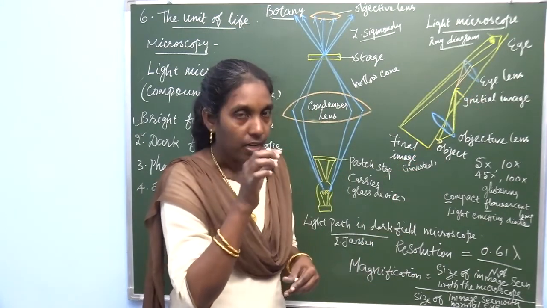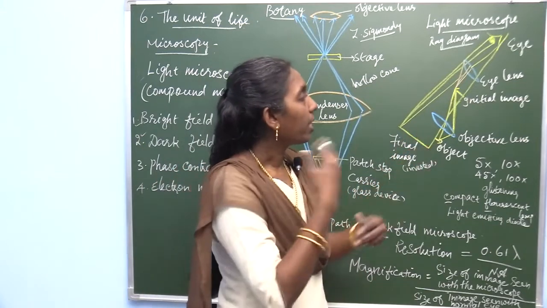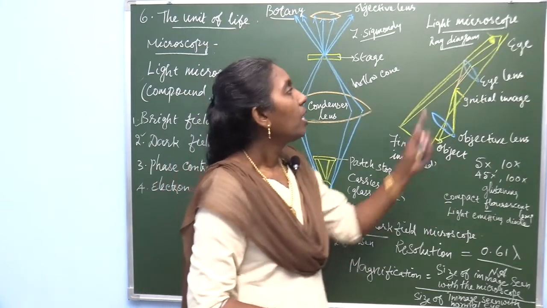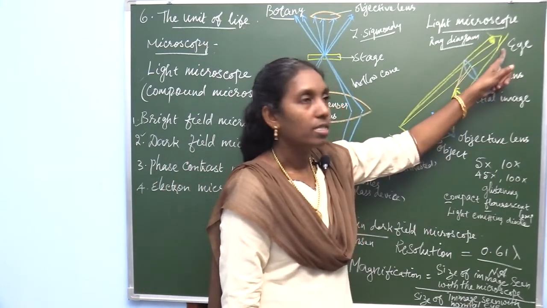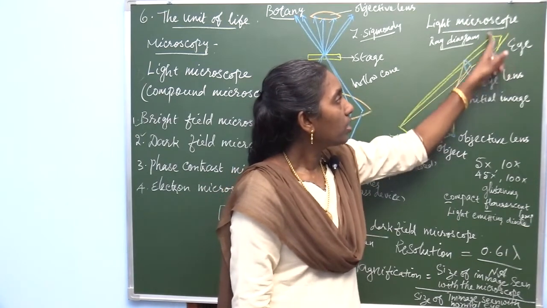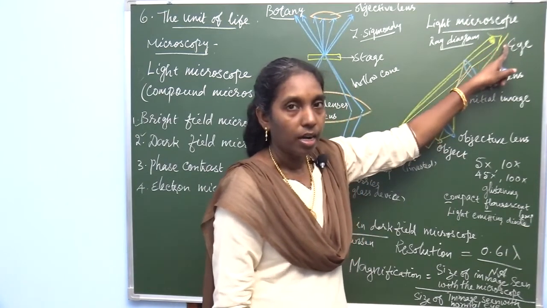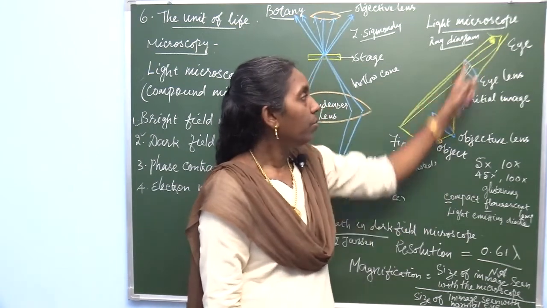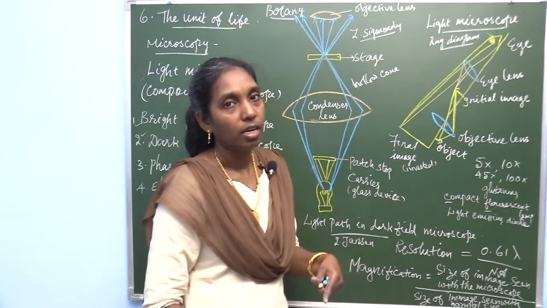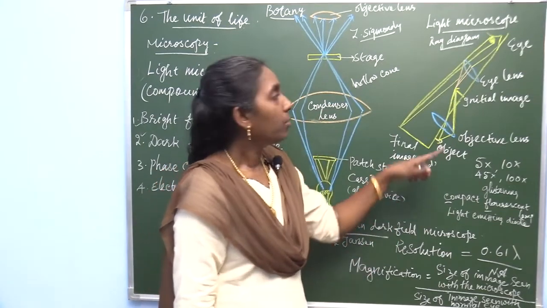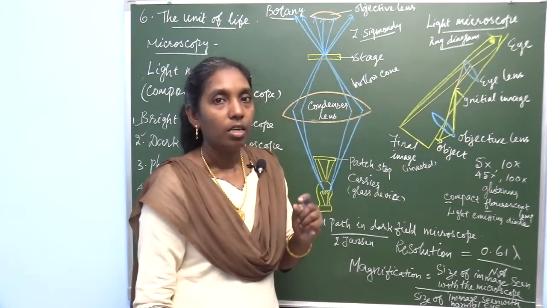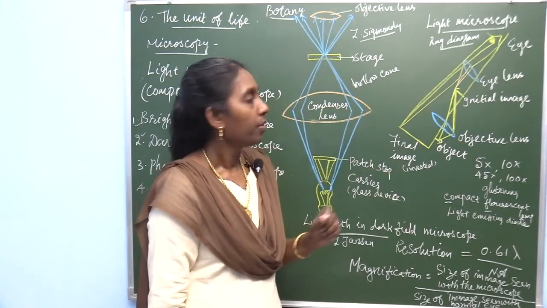These 2 lenses magnify the image and it shows as a visible object through our eye, because the lenses magnify the image hundreds of times. That's why it's visible to our naked eye.